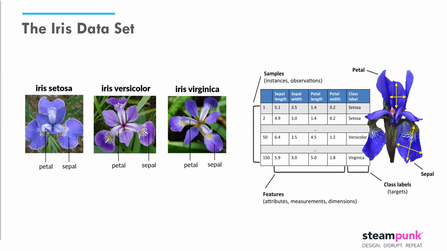And on the right, I have a subset of the 150 flowers that were measured out in the field. The measurements are referred to as features or attributes, and the species is called a class or a target. Each individual flower is referred to as an instance or a sample of the data set as well.